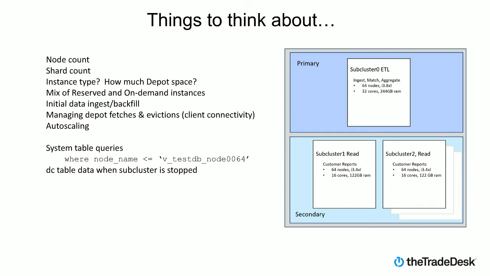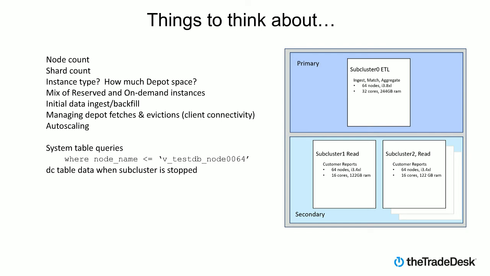In terms of the initial data load, the initial data ingest, what we had to do, and I imagine how it works till today, is you've got to basically load all your data from scratch. There isn't great tooling just yet for moving from enterprise to Eon.